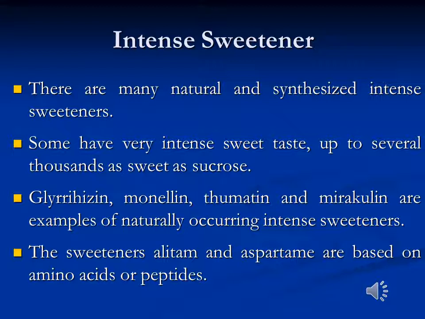Actually, most of the sugar substitute that is used nowadays in soft drinks is aspartame. By the way, intense sweeteners are more used with liquids like soft drinks.